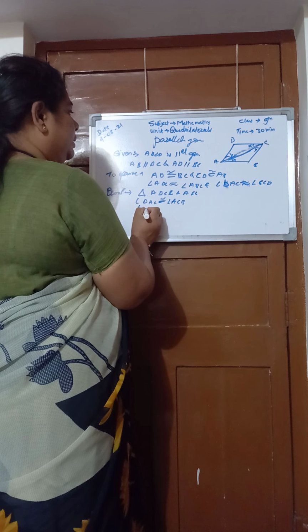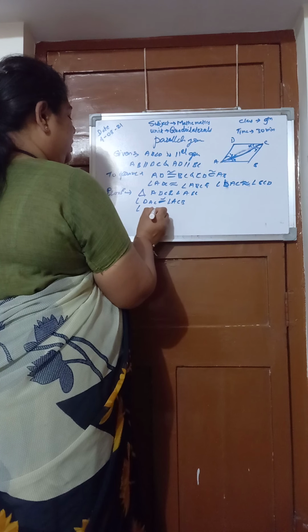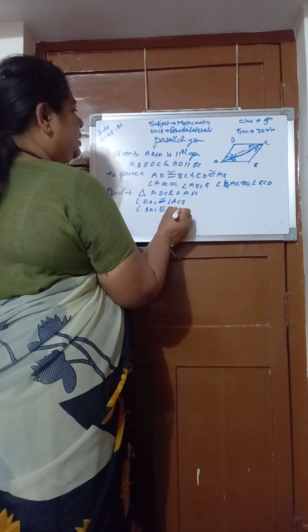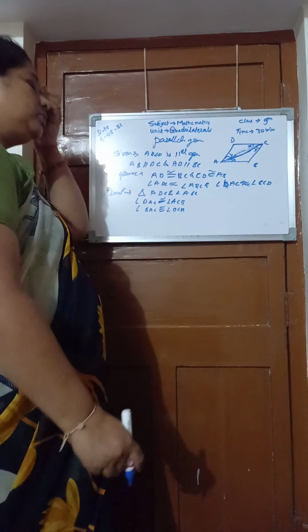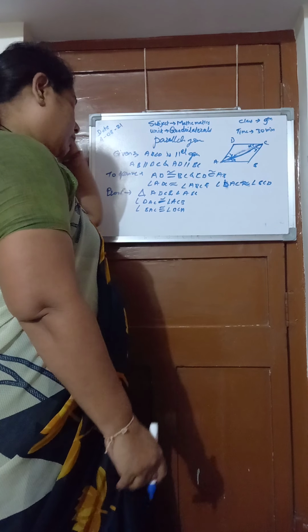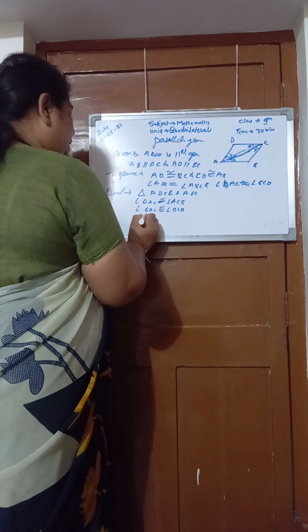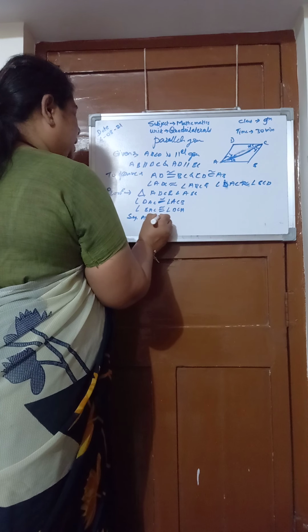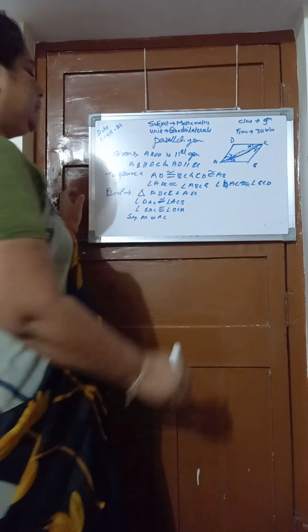Similarly, angle BAC congruent angle DCA. These two angles are congruent. Similarly, side AC equal to side AC, that is the common side.